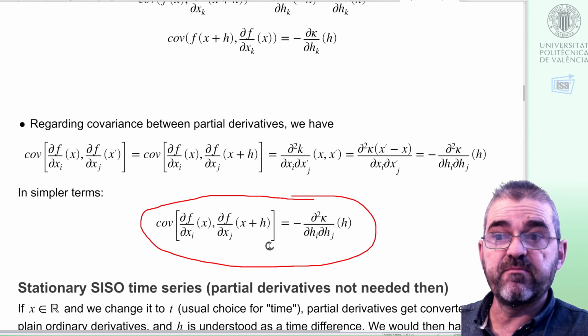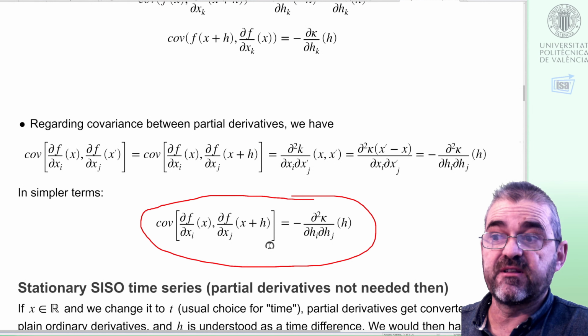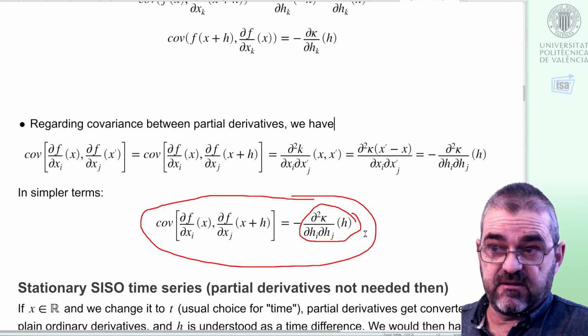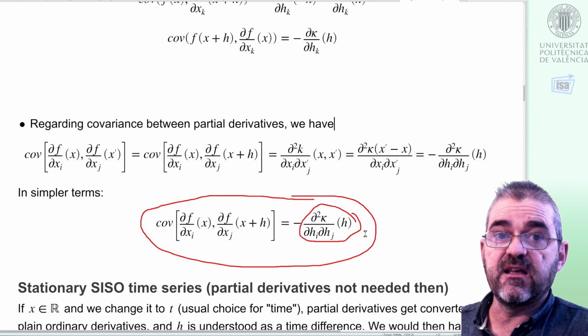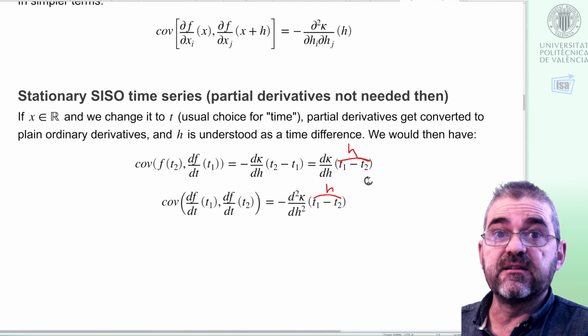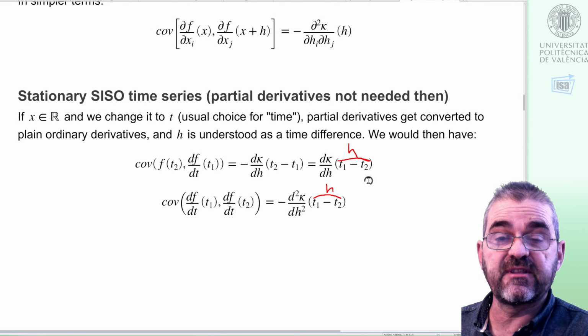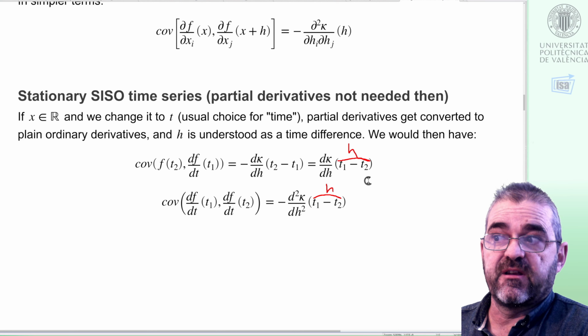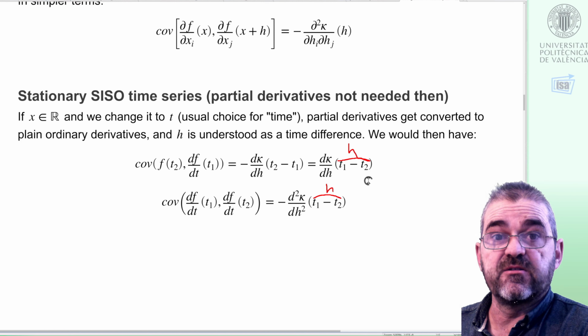The covariance between partial derivatives at points separated h was the suitable cross second derivative evaluated at h and changing sign. And when we are speaking about single dimensional stochastic process, about time series, so we have, let's say, position and speed, then covariance between position and speed, it's the derivative of kappa. And the auto covariance of the speed itself, it's the second derivative of kappa, changed sign.